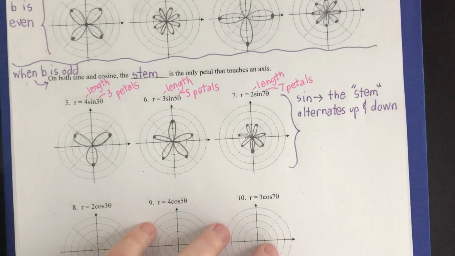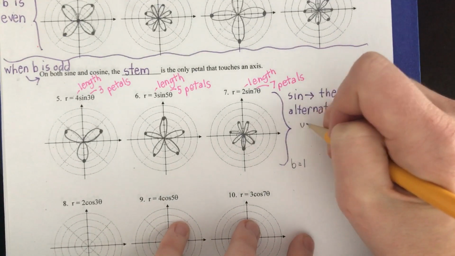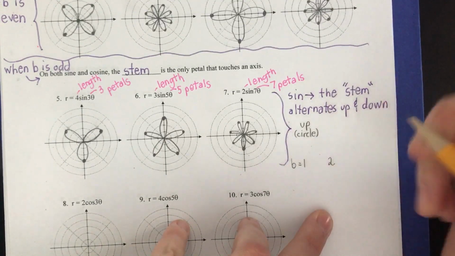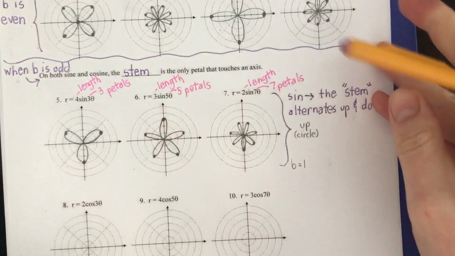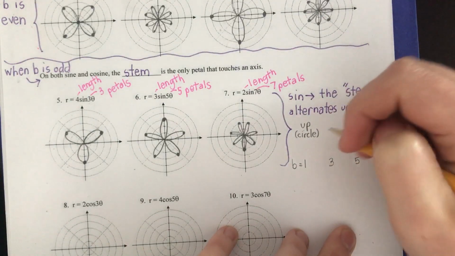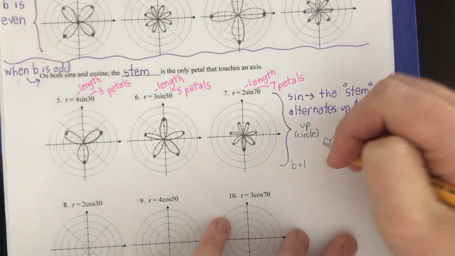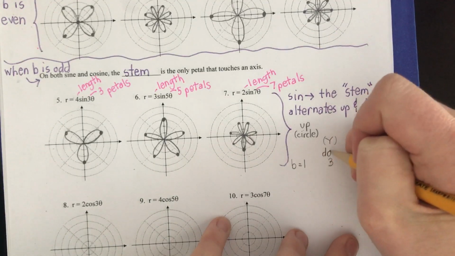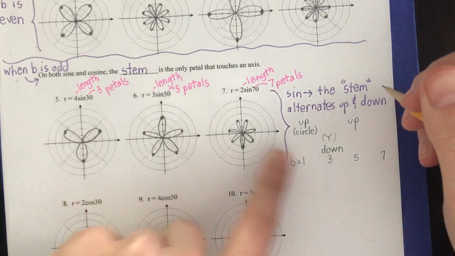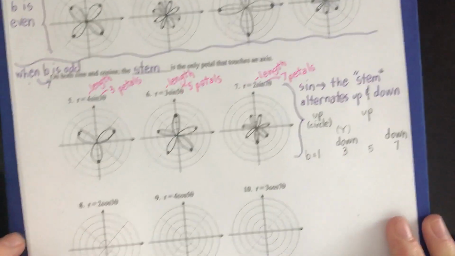For example, when B equals 1, we actually have a circle, and the stem is up, the quote-unquote stem. When B was 3, that's when we had this Y shape right over here, the stem was down. And then when B was 5, the stem was up. And then when B was 7, the stem was down.